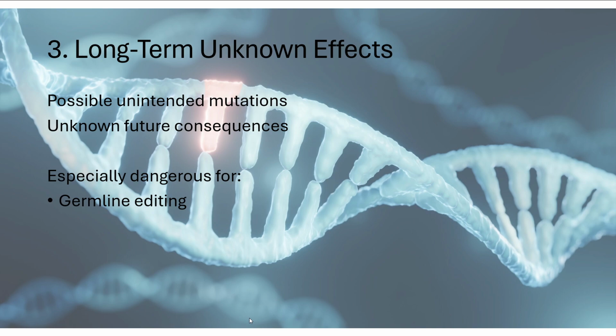Then, third is long-term unknown effects. So possible unintended mutations, so unknown future consequences. So this is especially dangerous for germline editing since the gene can be inherited from generation to generation.